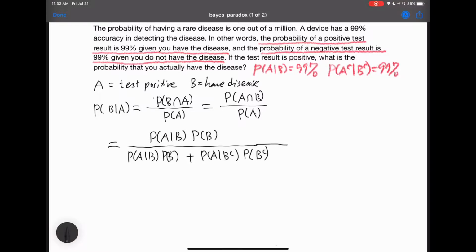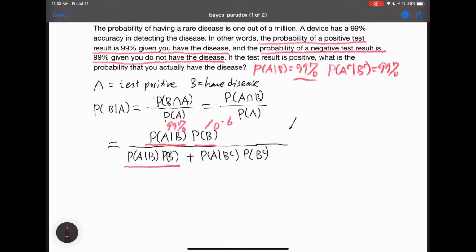Okay, this is the Bayes formula. Let's try to figure out how to calculate each item here. First, we need to calculate P of A given B, and we know this is 99%. P of B, or the probability of having the disease, we know this is 1 out of a million, so it's 10 to the negative 6.